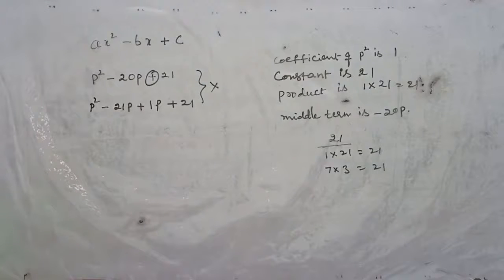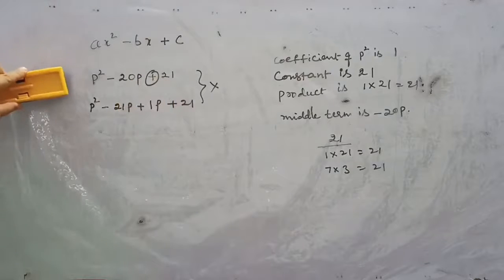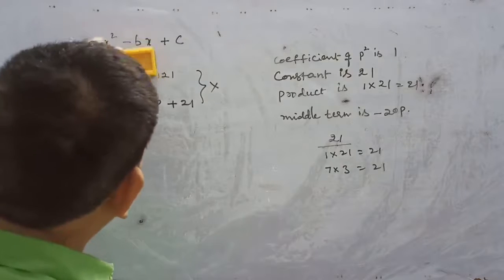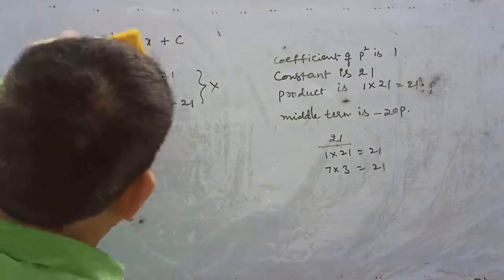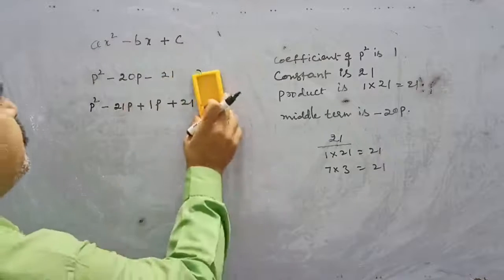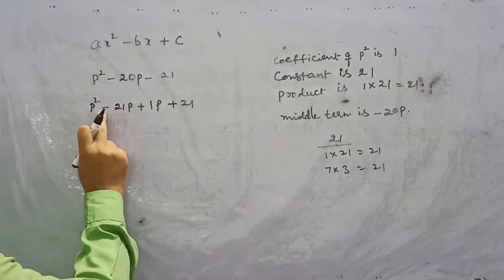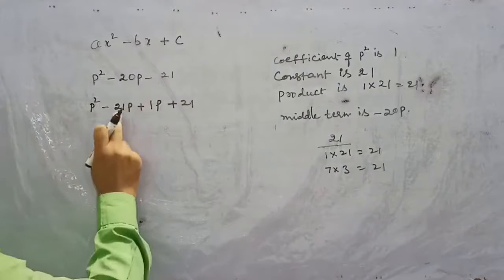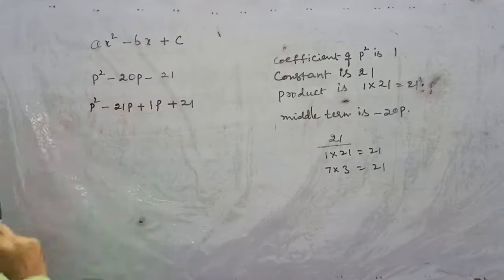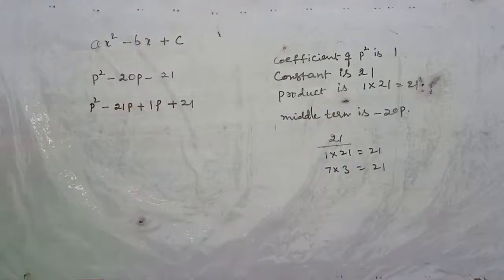Next one. Suppose if you are taking the minus symbol here in this problem, you will get the splittings. See, suppose here I am changing the symbol to minus. I am writing the minus symbol here. Now minus into plus, minus 21 into 1, 21. p square minus 21p plus 1p, that is minus 20p.